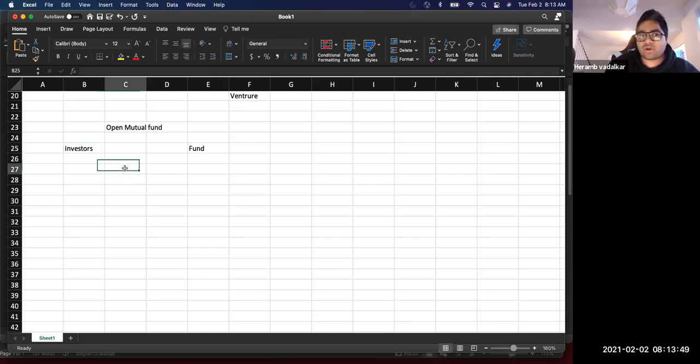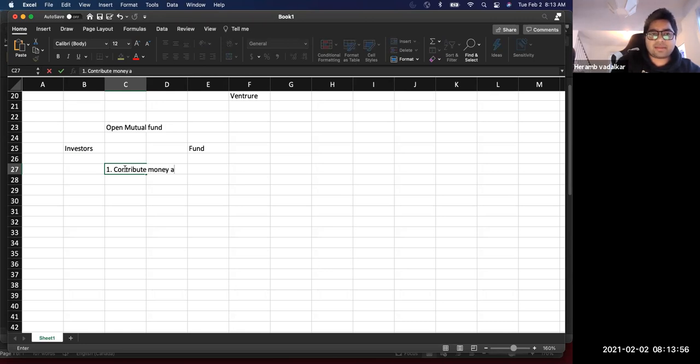That investors can contribute money and get units from the fund anytime, and investors can sell units and claim money back from the fund anytime.